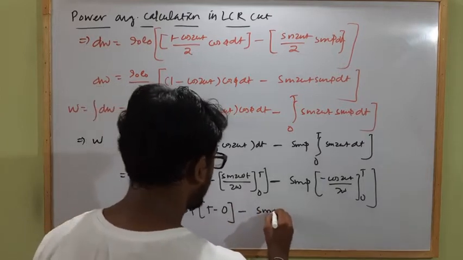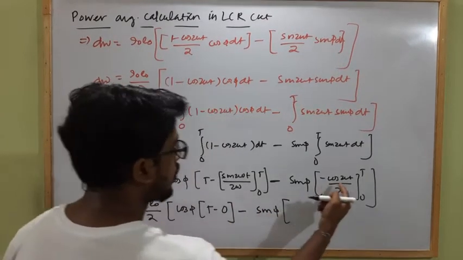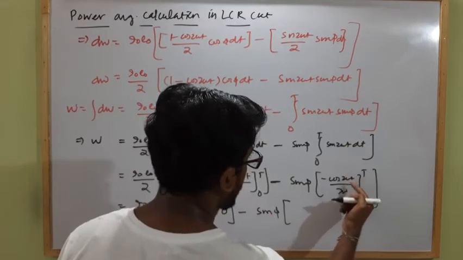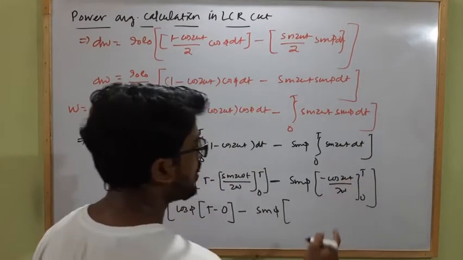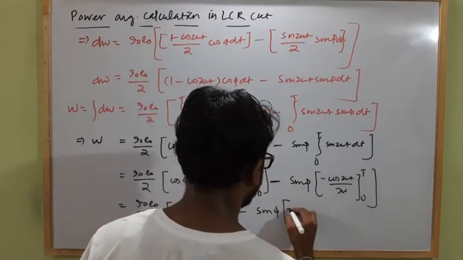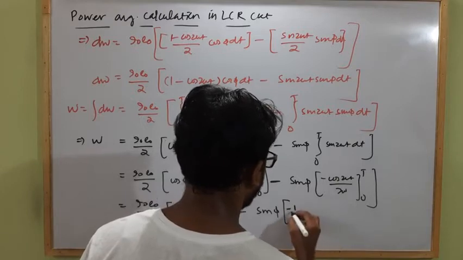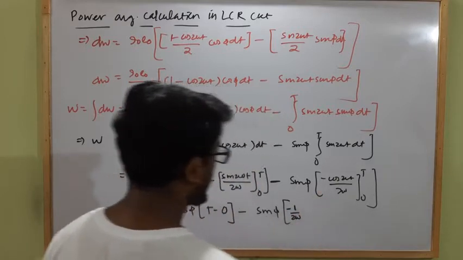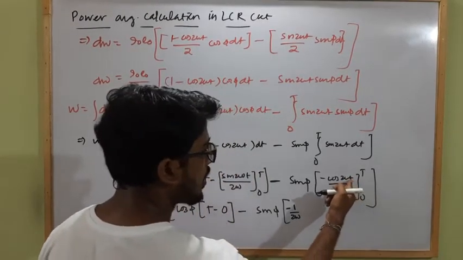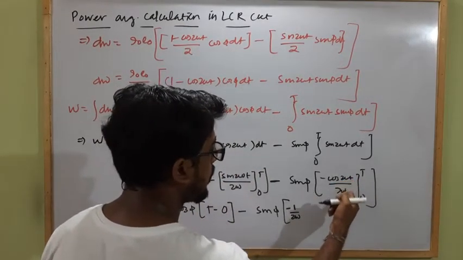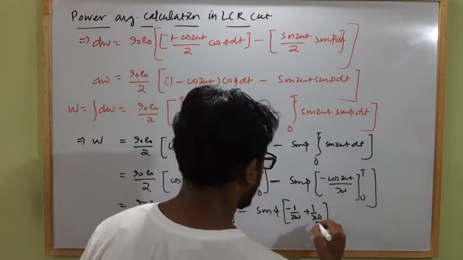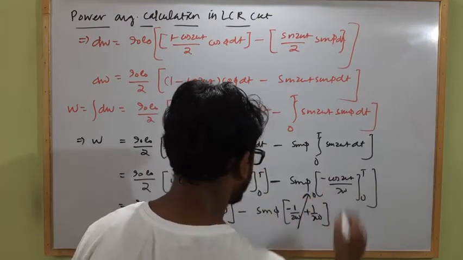Minus sin phi into cos 2 omega t, it will be cos 4 pi by 2 omega, that is cos 4 pi will be 1, minus 1 by 2 omega. Again cos 0 will be how much? 1, so 1 by 2 omega, minus minus plus, plus 1 by 2 omega, so this term again will be 0.